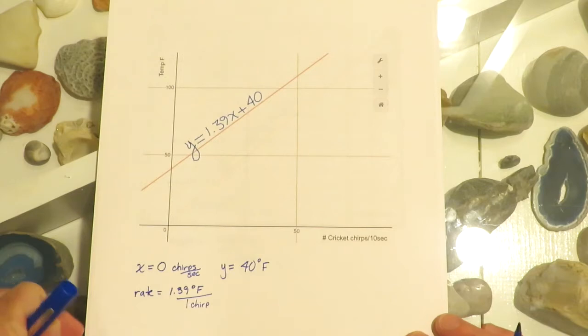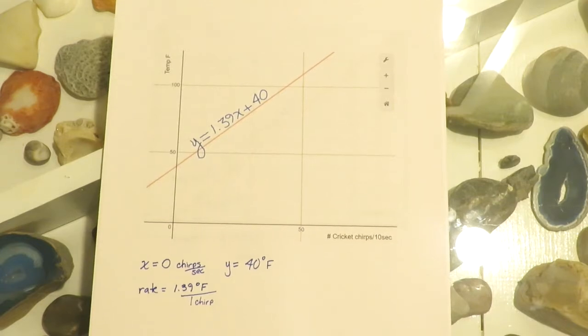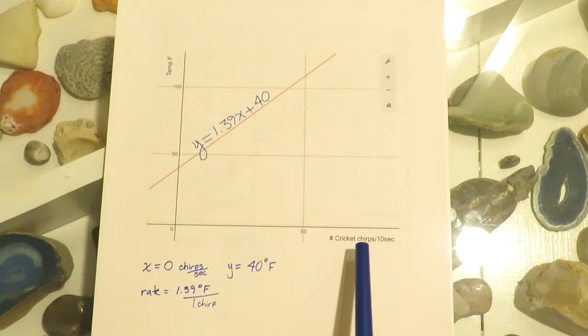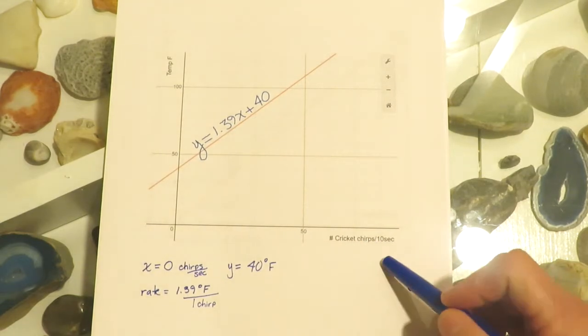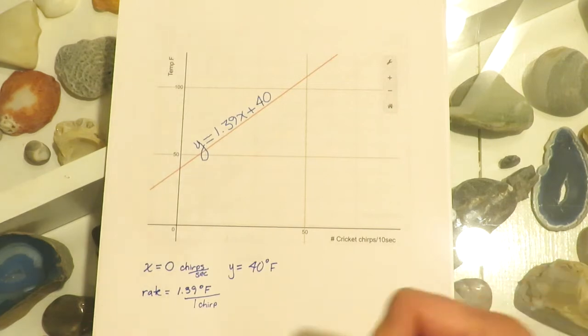This is kind of a famous example in which real data collected showed us this pattern, that the number of times crickets chirp is associated with the temperature in a very tight linear form. So x in this case is counting number of cricket chirps per 10 seconds, and y is the temperature in degrees Fahrenheit.